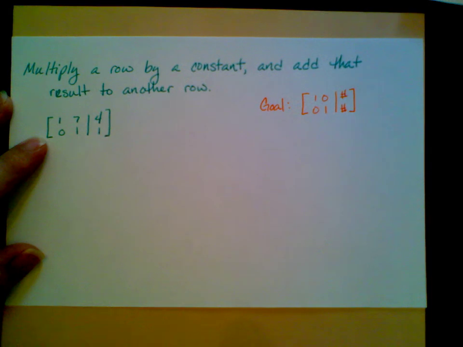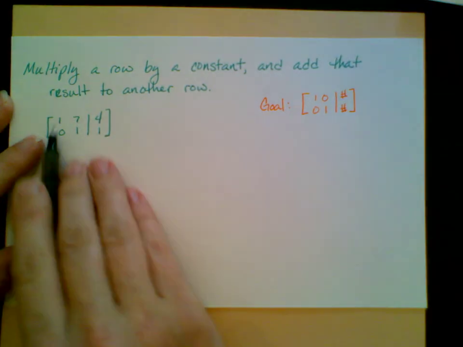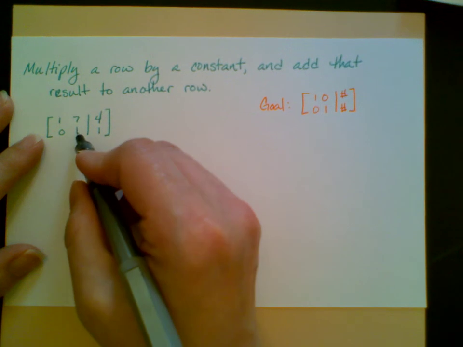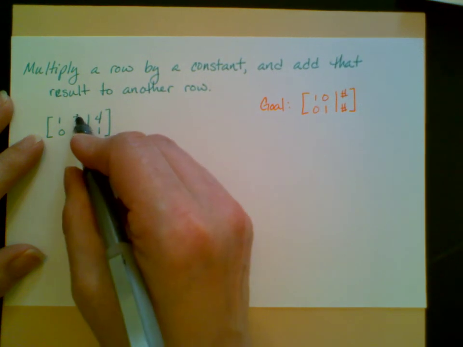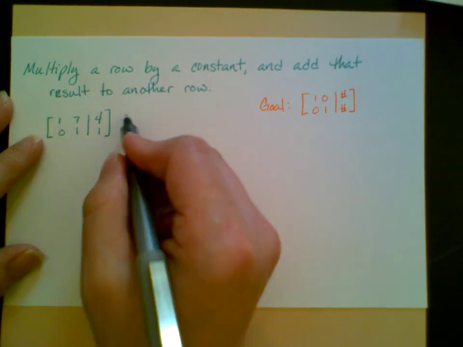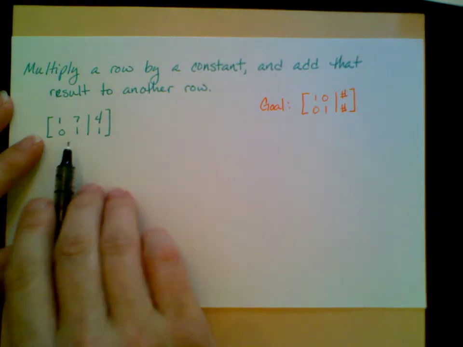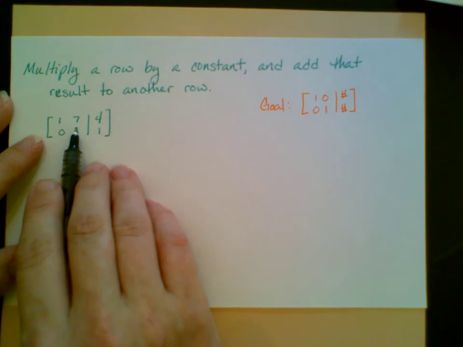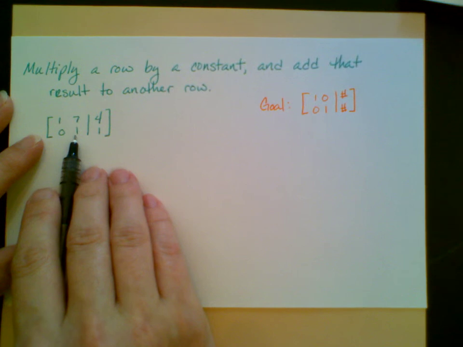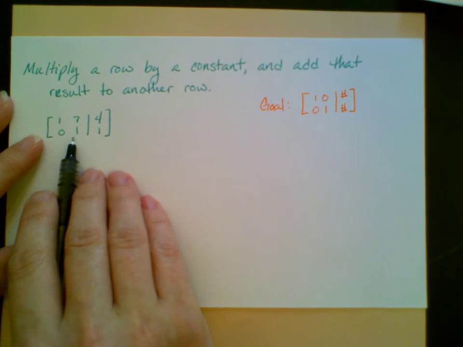That's the only thing that's not perfect as far as my goal form is concerned. I can't get there by multiplication because multiplying by 0 would get me that 0, but then everything would become 0, and that's not what I'm after. I don't want to obliterate the first row. So I need to get there by addition.